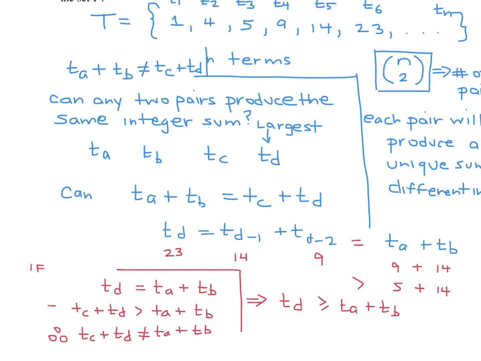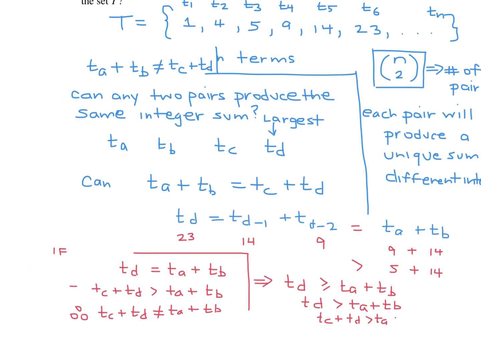Okay, great. Now we have to look at the scenario where TD is greater than TA plus TB, which was this scenario right here. If that's the case, if I add on a TC to this side, then again, it continues to be greater than, correct? And again, we've shown the same thing, that therefore TC plus TD cannot be equal to TA plus TB.